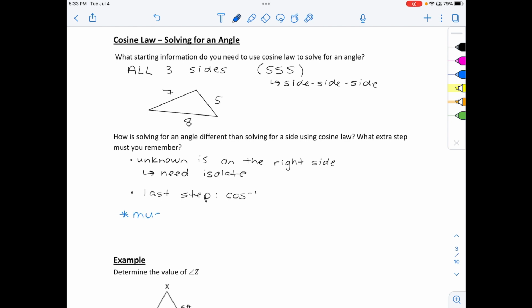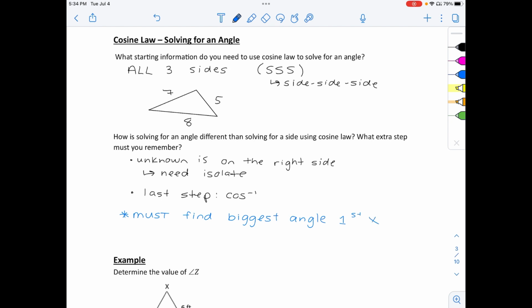I will try to not give you questions where this will become an issue, just because it's hard to remember, but it's something that you'll look further into in grade 11. So you must find the biggest angle first. You can usually tell which one is the biggest angle just visually.